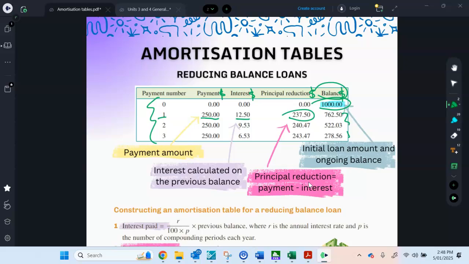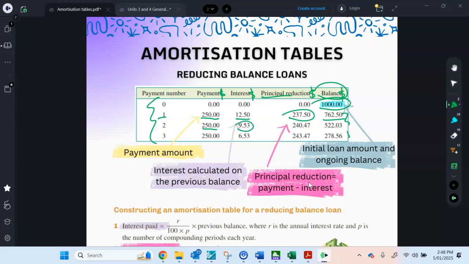So basically you're reducing your principal by $237.50. Then your balance is $762.50. And then you go through that process again. You're making the same payment, but your interest value has changed.